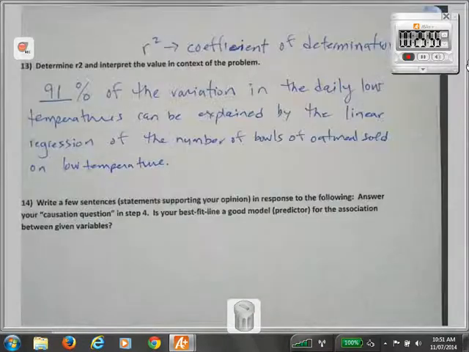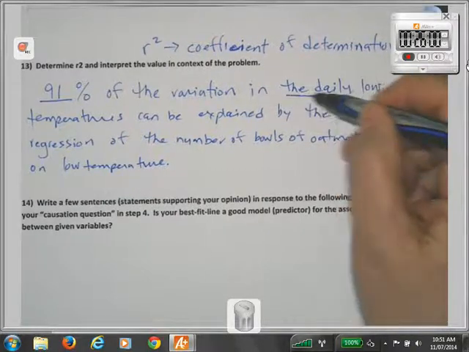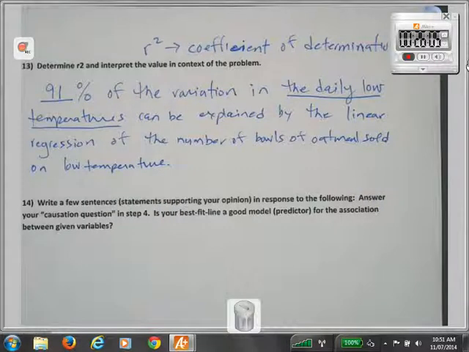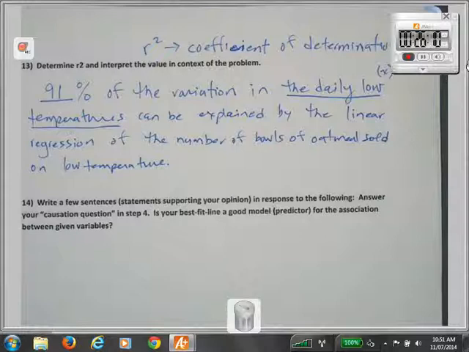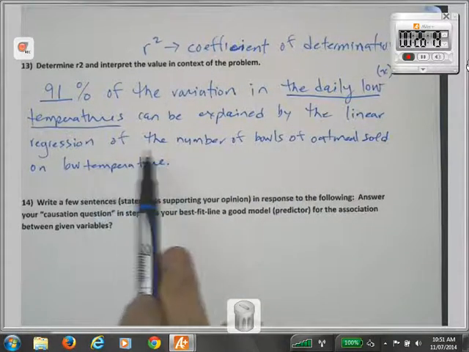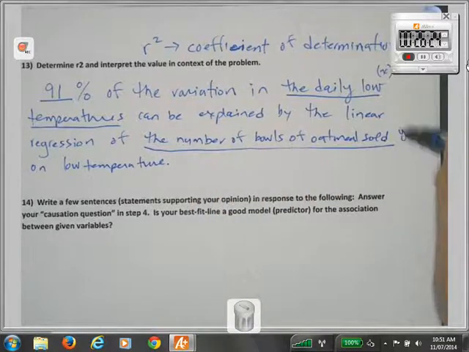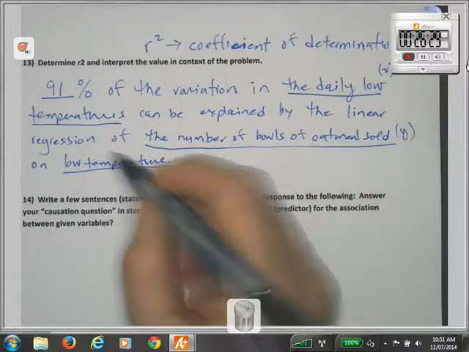Now this part that I'm about to underline is the explanatory variable. Whatever your explanatory variable may be, remember that's X, in words, you fill in the blank with it. Then the can be explained stays in there, by the linear regression of the number of bowls of oatmeal sold, which is our Y, or response variable. And then again, we mention the X variable.